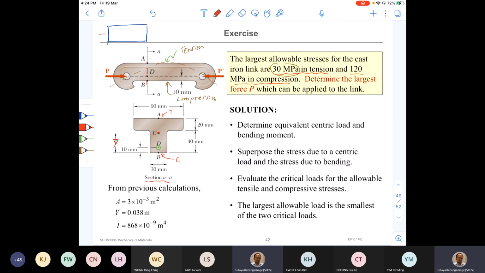So once the load P is applied here, there are going to be a force P like this, right? Internal force, and then a bending moment. So we don't need to know the direction. We simply put like this. So we need to find out the values of those two. So that is what it says. Determine the equivalent centric load, that is P, and the bending moment, that is M.